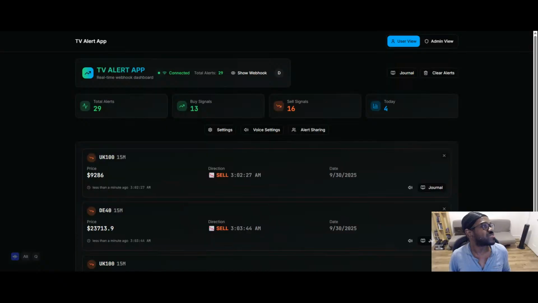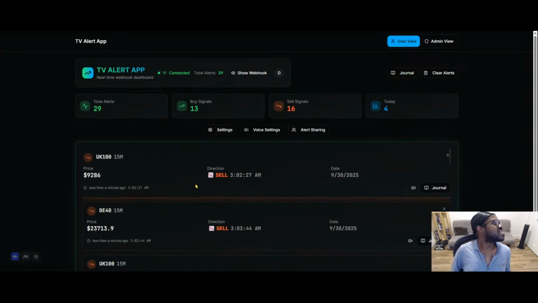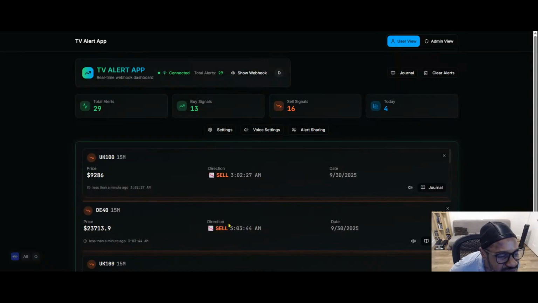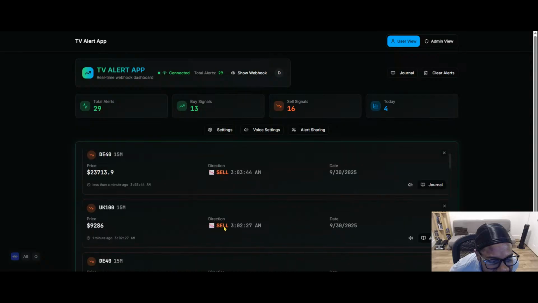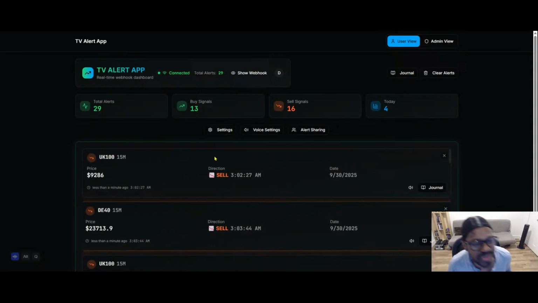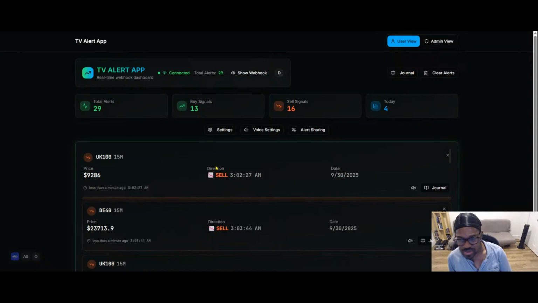The last two alerts that came in were the UK 100 and German 40. So we had a sell on UK 100 and German 40. Those are the alerts so far.